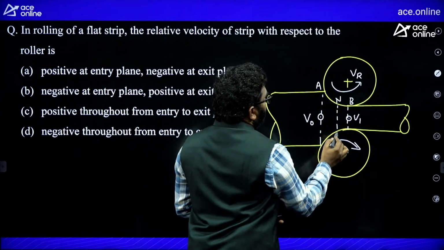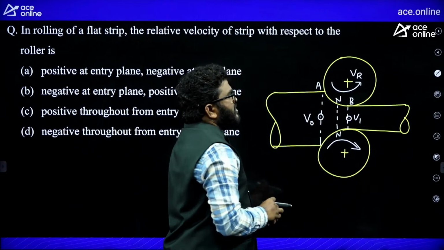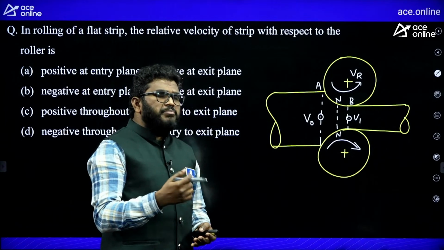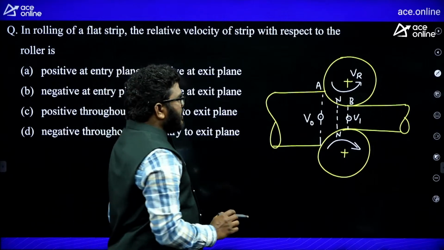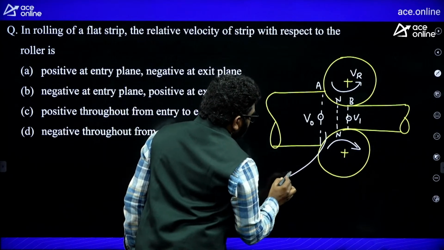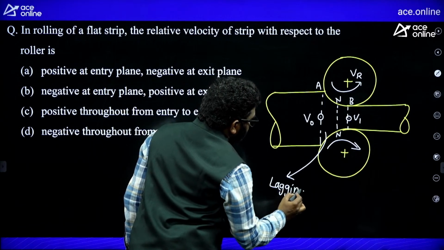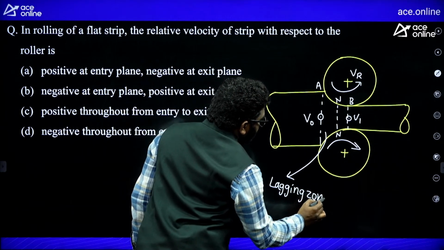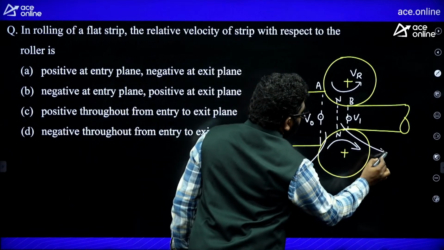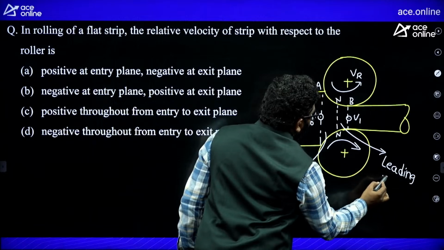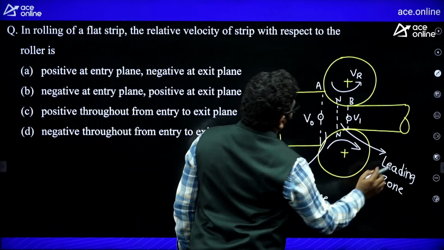After the neutral plane, again the velocity of the strip keeps on increasing. So remember, I am dividing this into two zones. One is the lagging zone. This is the leading zone.